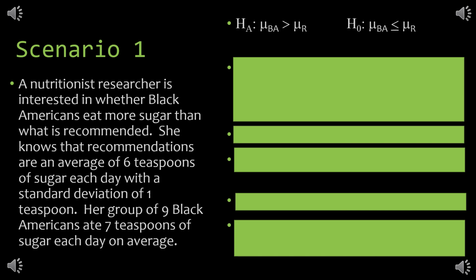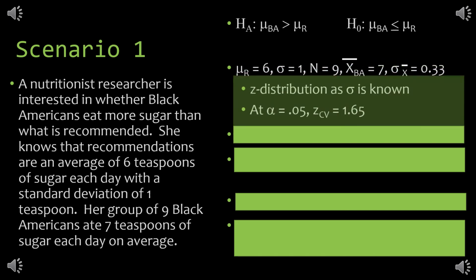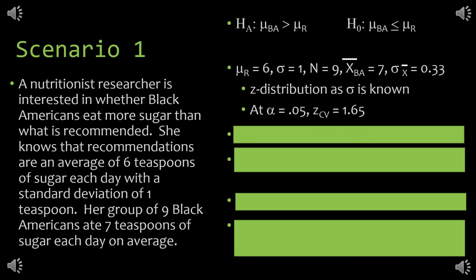So back to the scenario. She knows that recommendations are an average of 6 teaspoons of sugar each day with a standard deviation of 1 teaspoon. What she knows is population information. She does not have to estimate that. So we know from that that she has mu for what is recommended, 6 teaspoons, and the standard deviation sigma of 1 teaspoon.